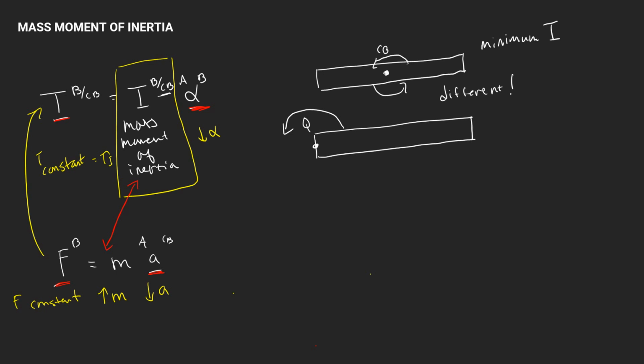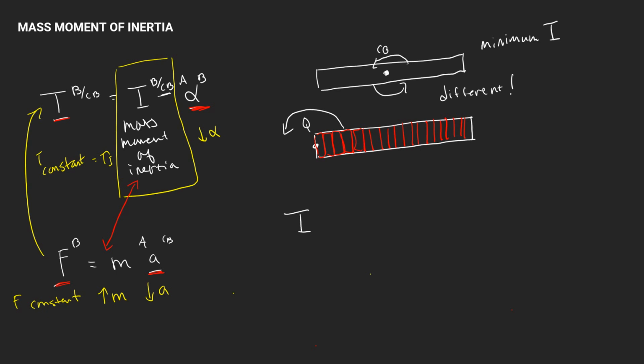In order to calculate that mass moment of inertia, what you first want to do is divide your rigid body into small little units, each a unit with the same area.